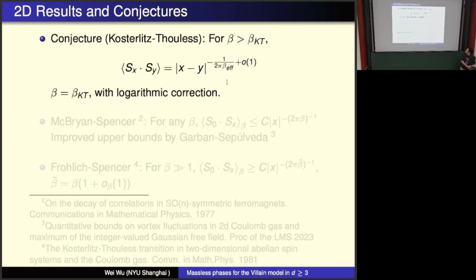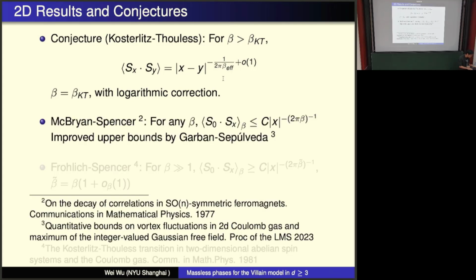If you have 1 over 2 pi beta, that is the calculation we saw before from the spin wave or Gaussian approximation, but the vortices enter into the picture and change the effective beta. This still remains open until now.